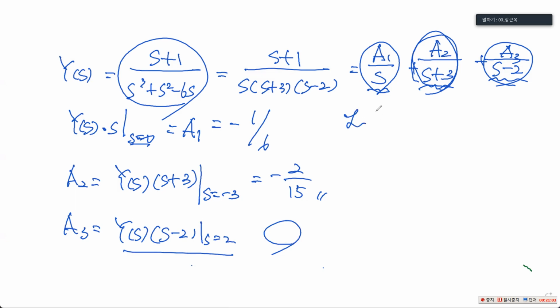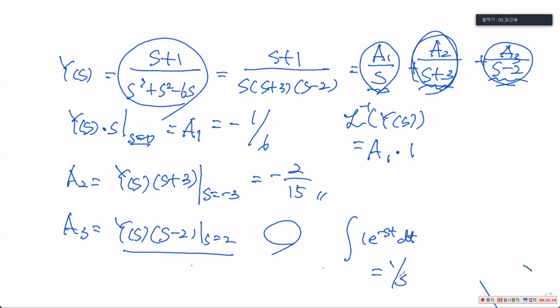Then inverse transformation of Y(s) is given by A1 multiplied by 1 because Laplace transformation of the 1 is 1 over s, so A1 times 1 plus A2.